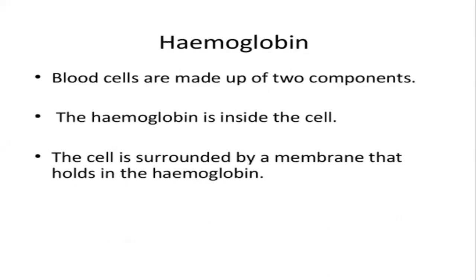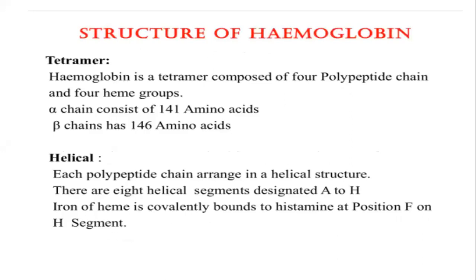Now, let me go straight to what a hemoglobin structure would look like. Remember, I did mention that the hemoglobin is a tetramer. That tetramer basically is a combination of 4 things, and those 4 things are actually chains.